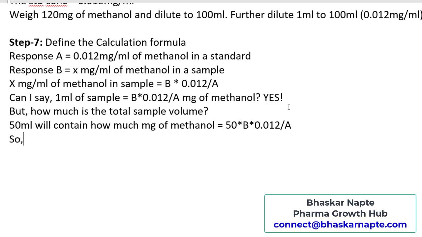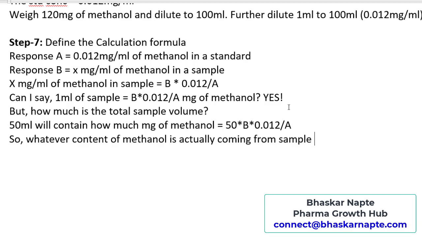So can I say that whatever content of methanol is actually coming from sample weight? Yes or no? And how much is the sample weight, by the way? The sample weight is nothing but 200 milligram of the sample.